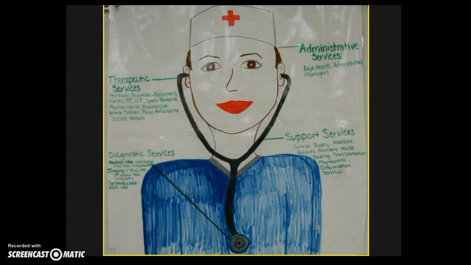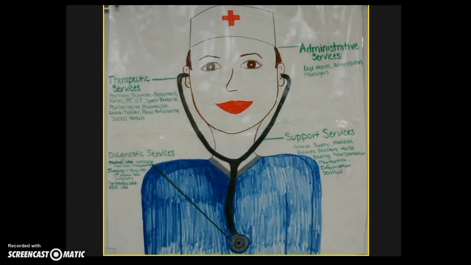So for this picture, as you can see, they have therapeutic services, diagnostic services, administrative services, and support services. So for the stethoscope, that has to do with the diagnostic services. The diaphragm determines the cause of the illnesses.